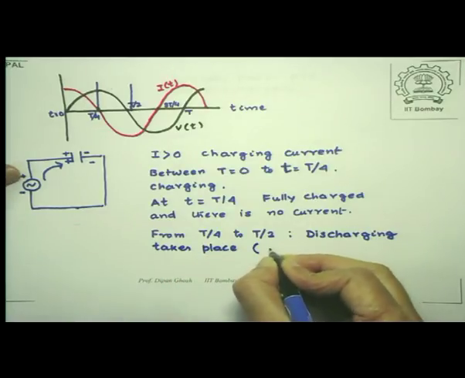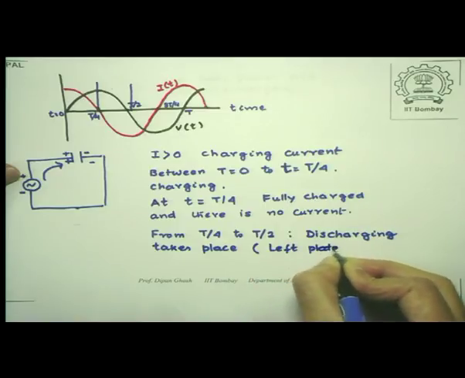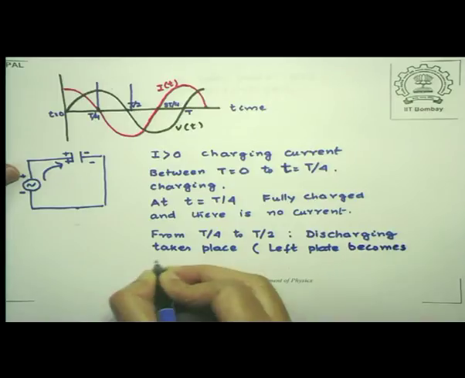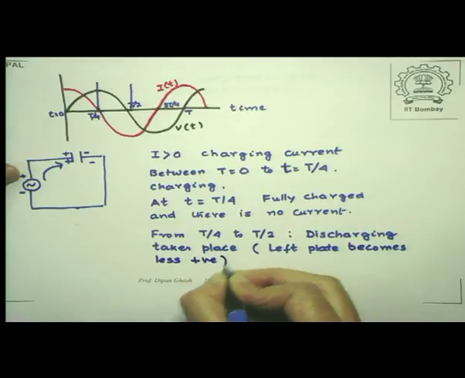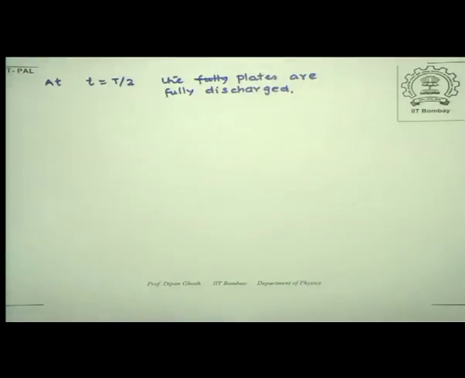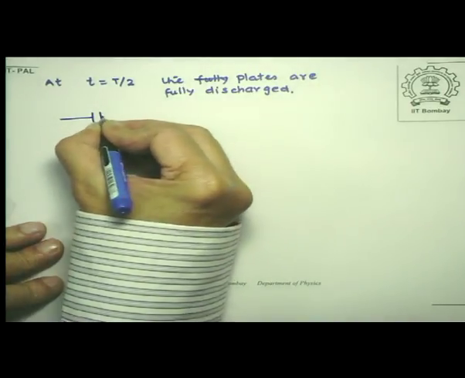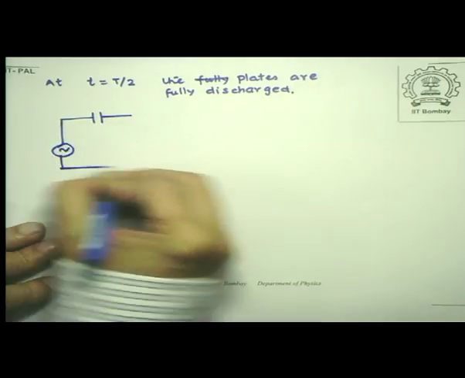So the left plate becomes less positive, and naturally the right plate becomes less negative. So the situation at that time is this, that I have two plates which have no charge, and this is my source there.